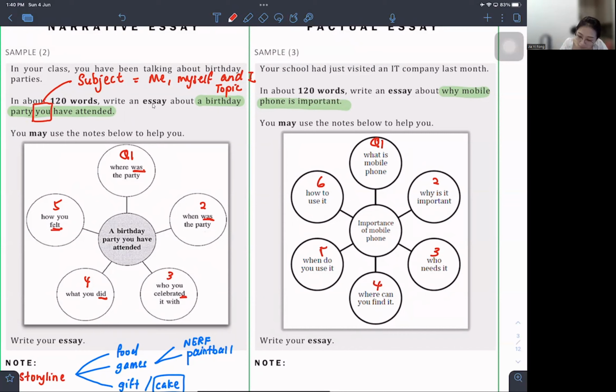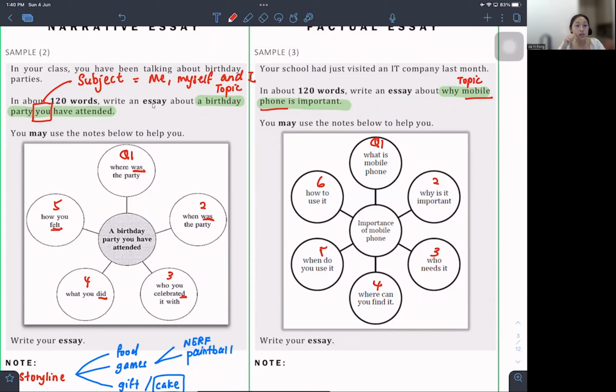Topic is the importance of mobile phone. This one is my topic. But what is my subject? Subject is mobile phone. Okay, yes, subject is mobile phone.